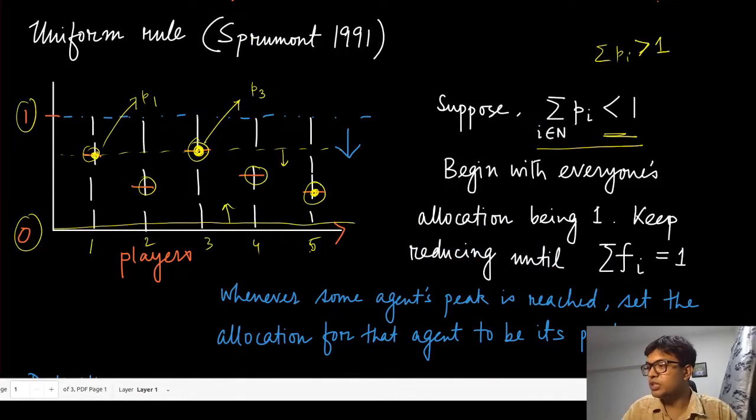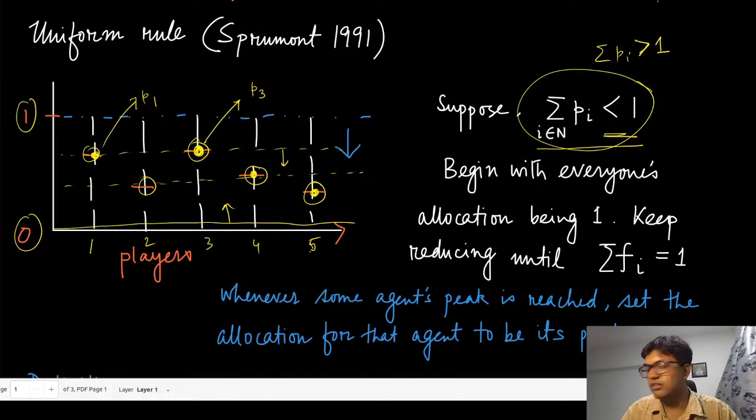So you can take a look at this. Suppose the thread from the top, this is the case that we have considered, stopped somewhere here. By then all these 3 agents were given their favorite tasks, and the rest of the 2 agents, agent 2 and 5, actually got this share of the task, and that is where all these shares have become equal to 1.